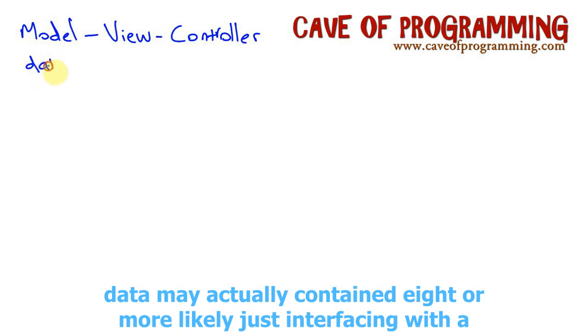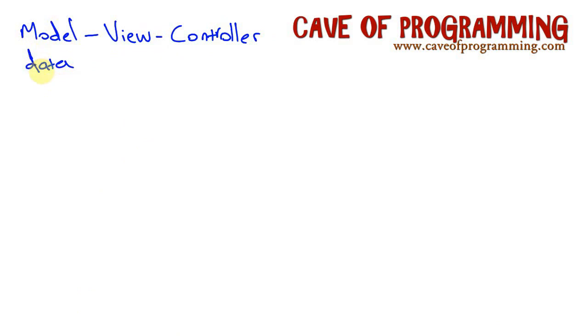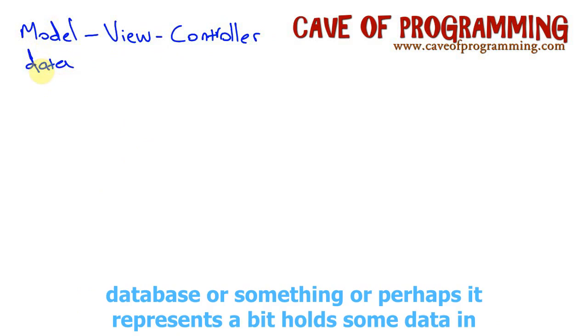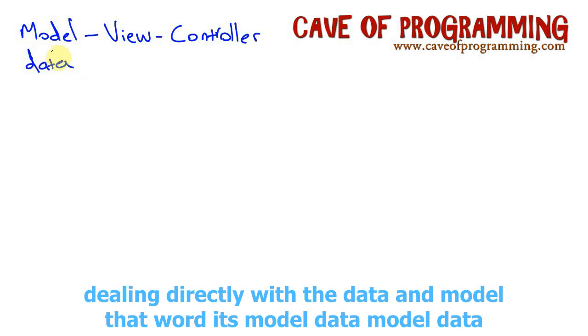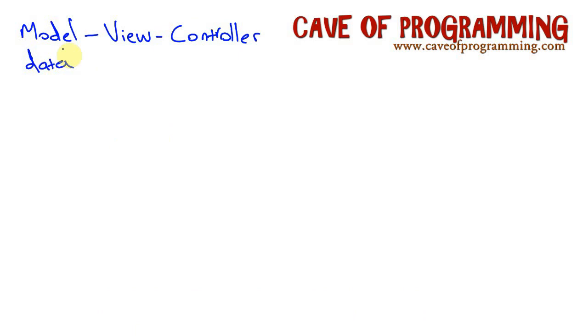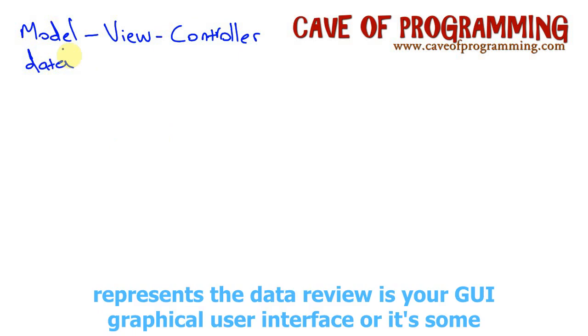It may actually contain data, or more likely it's just interfacing with a database, or perhaps it holds some data in memory, in RAM, that it gets from a database. But the point is that the model is dealing directly with the data, and model, that word, it's model as in data model, meaning it kind of models the data or represents the data.